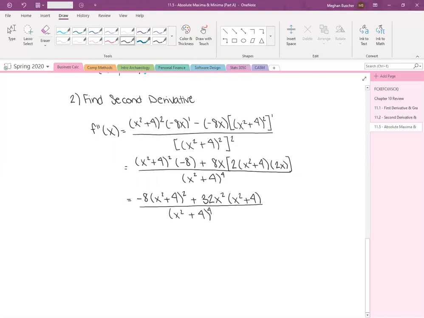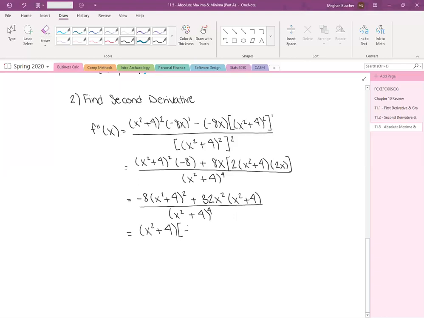Awesome. Okay. Is there anything we can factor out of that numerator? Anything that's common in all of that? X squared plus 4. X squared plus 4, awesome. So we can just factor out an x squared plus 4.